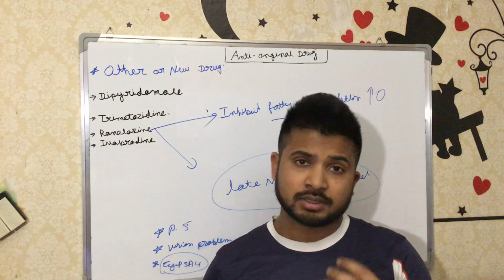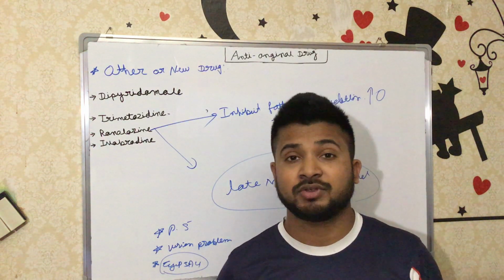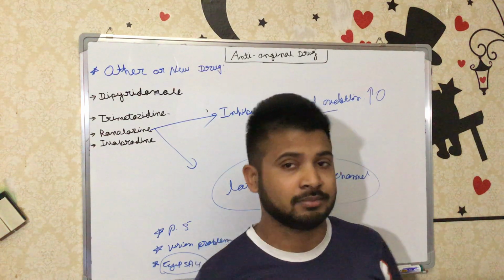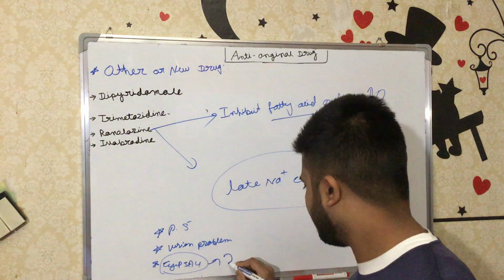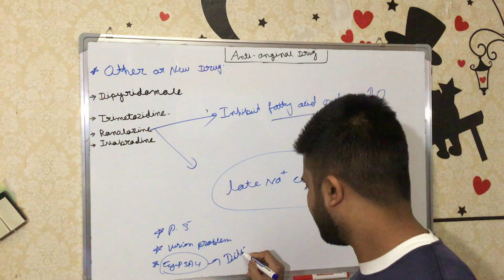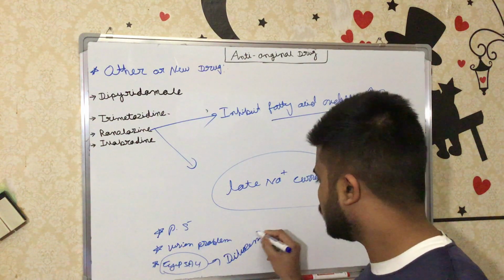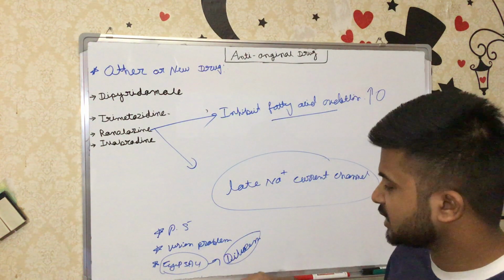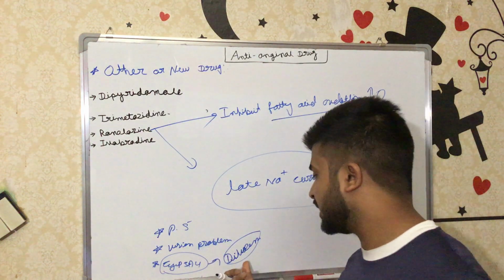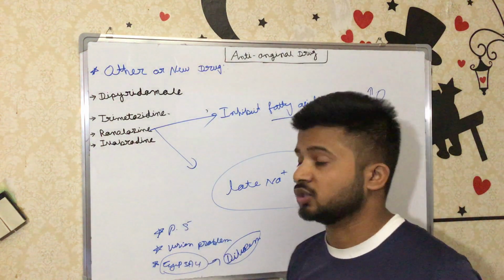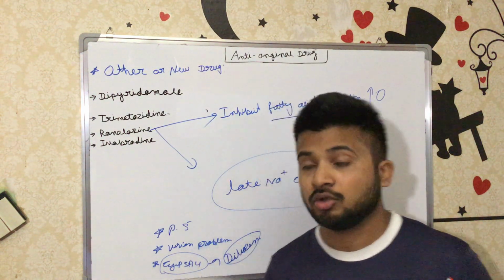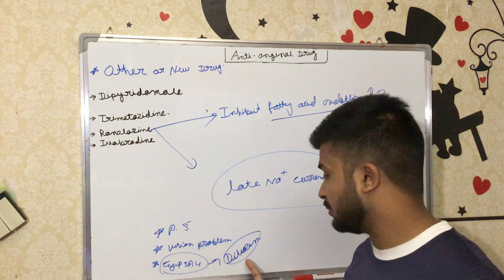Then some antihypertensive drugs, which I discussed in a previous video, like diltiazem, also inhibit this enzyme. So if you are giving diltiazem, you cannot give this drug at the same time; it's an absolute contraindication.